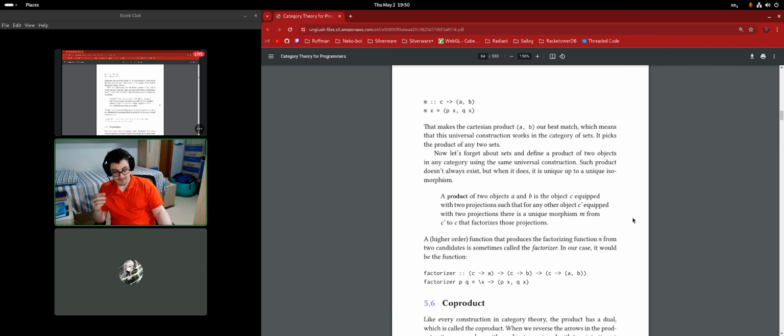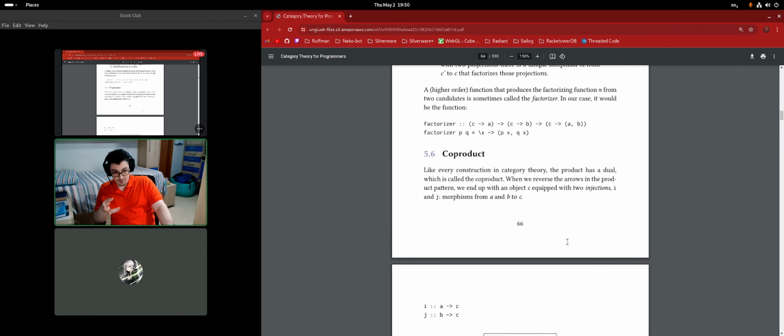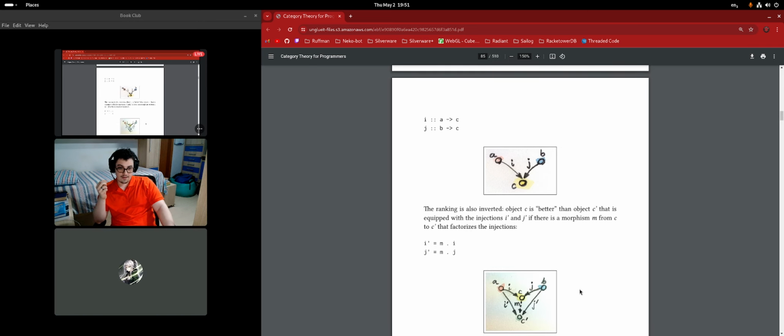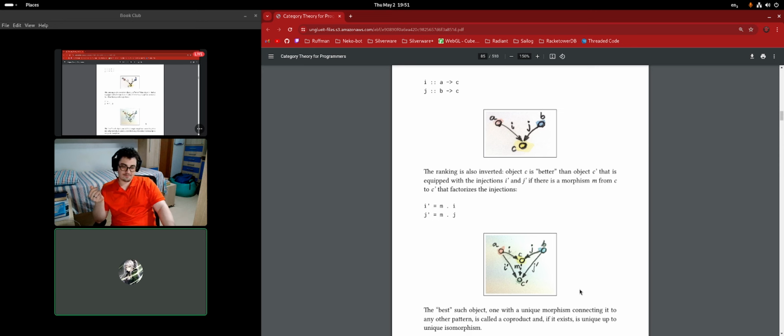Those are the requirements. A coproduct, on the other hand, is the reverse of the directions of the arrows of the product, which basically means that instead of going from C to A and B, we're going to have A and B going to C. And the ranking of better is also going to be factorization, so it's also going to be inverted.